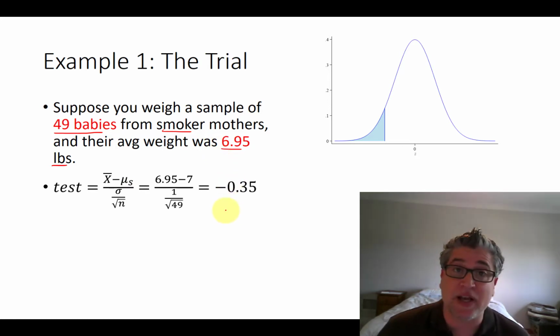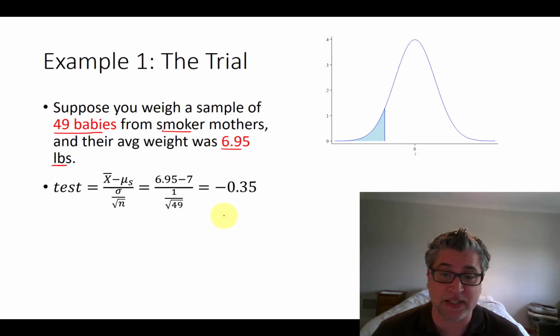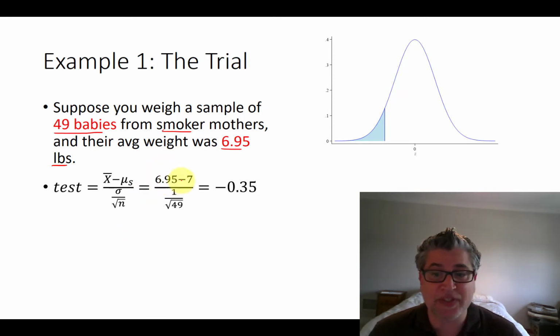Well, the only way to answer that question is to calculate the test statistic. The formula should be familiar. Take our sample average, subtract off the hypothesized mean, and divide by the standard error. The standard error is, as usual, the standard deviation of x divided by the square root of the sample size. So our sample average was 6.95. We hypothesized that the population average was 7.